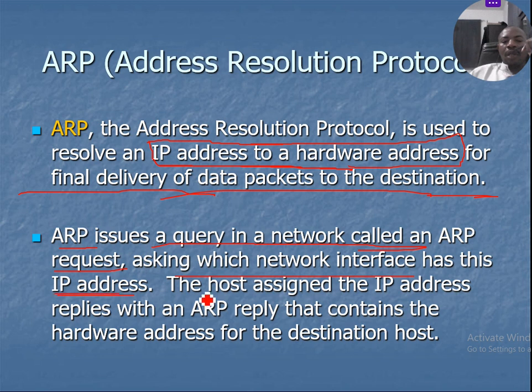Then the host assigned to the IP address will reply, yeah, I'm the one. We reply with the ARP reply that contains the hardware address showing that is the destination. Otherwise, it will go to the networking device that can take it to the final destination. Is that okay?